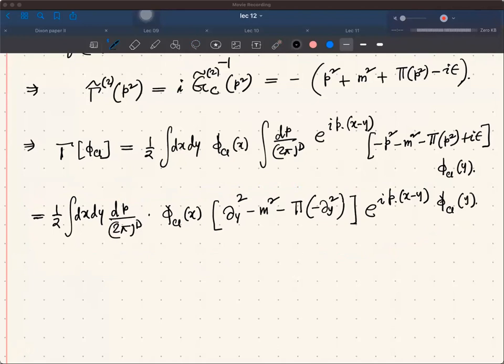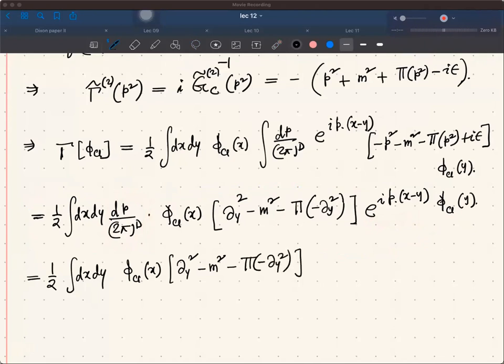Now there is no p dependence anywhere other than this phase, and therefore the p integral can be done, and that will give you a delta function δ(x−y). So that is half integral dx dy φ_cl(x) [∂_y² − m² − Π(−∂_y²)] acting on δ(x−y) φ_cl(y).